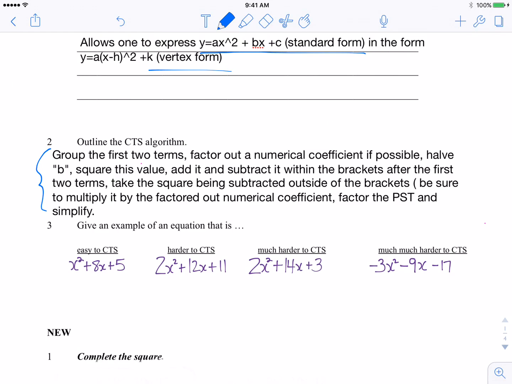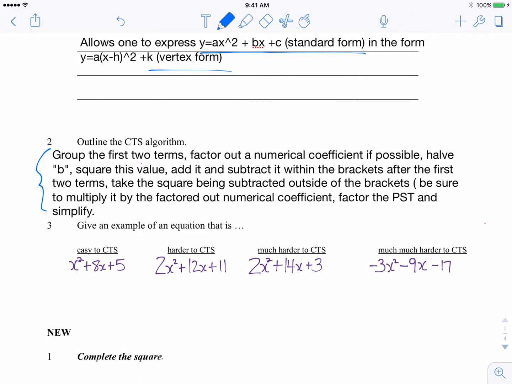So completing many questions that have you completing the square in order to express standard form in vertex form. Once you've done it, let's say 5 to 10 times, you should have mastered it by then. But there are a few things you need to look out for, which we're going to look at in number 3 in a moment. So let's take a look at first at number 2.